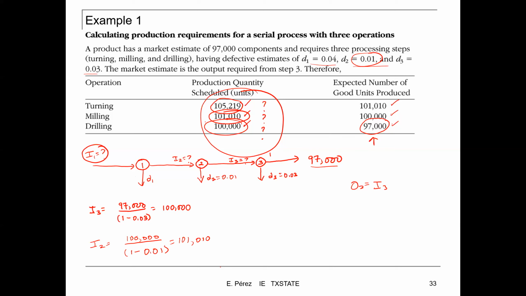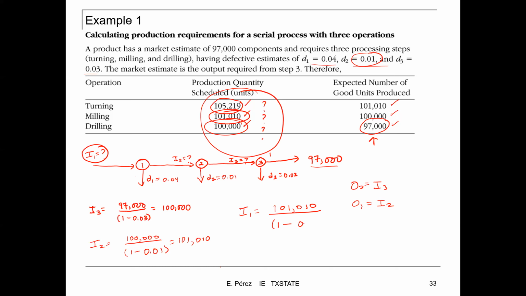In the same fashion, the output of 1 is equal to the input of 2, so I can compute I1 now. This is 101,010 divided by 1 minus the defective rate of 1, which is 0.04.